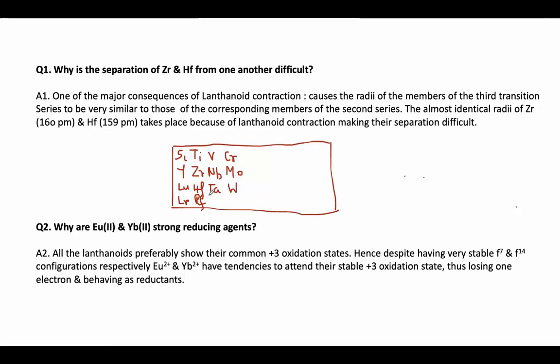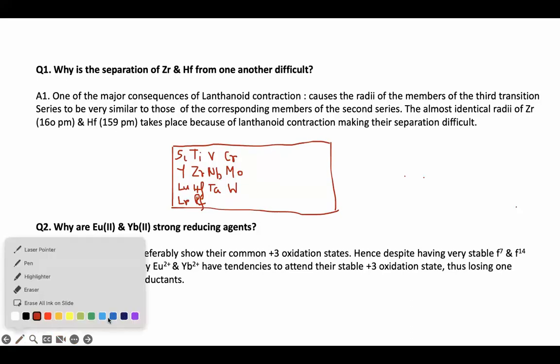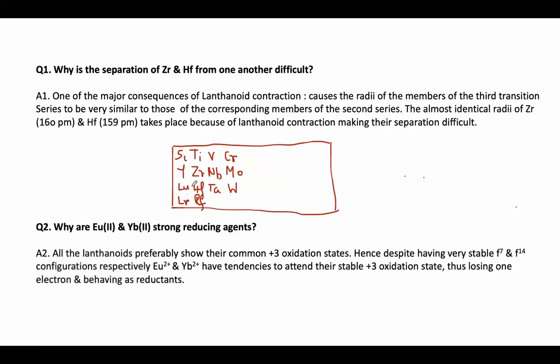Now, this is the basic position of the elements that we will discuss in this question about lanthanide contraction. Now our concern is regarding this position, which is zirconium and hafnium. Both of these are d-block elements, or transition elements.